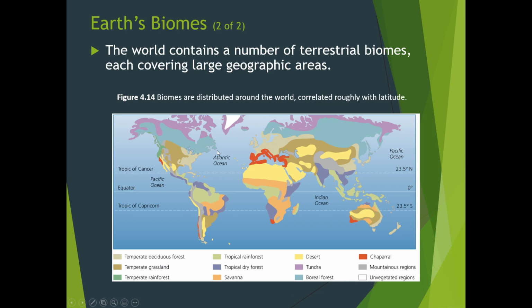Up top here you have the tundra, then the boreal forest, then temperate deciduous, all the way down, and it kind of flips over. So we have the top up here, and then the bottom here, and in the middle you have the desert. But if there was landmass down here, I bet there would be a tundra and a boreal forest as well. It's just that we have no landmass down here.